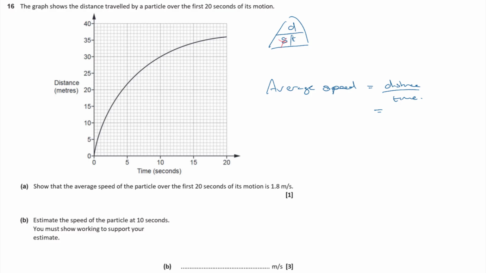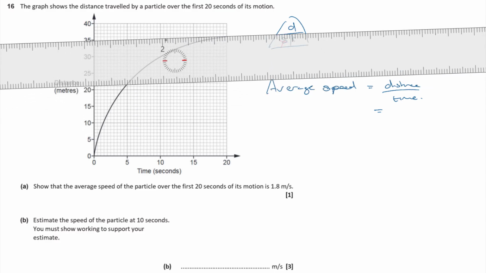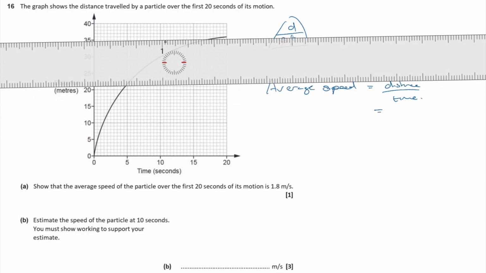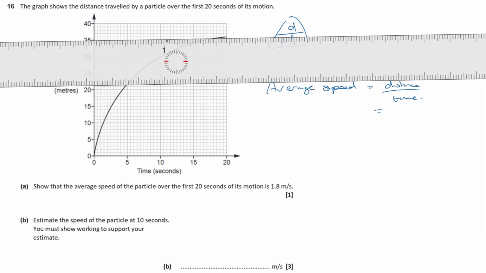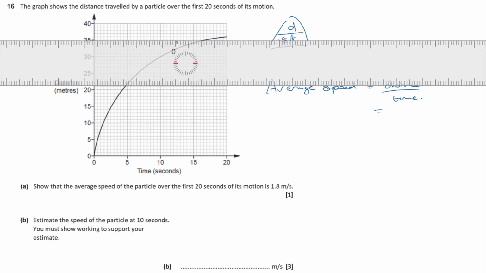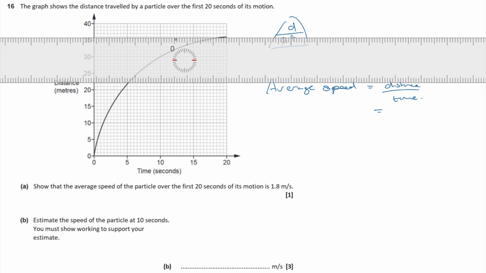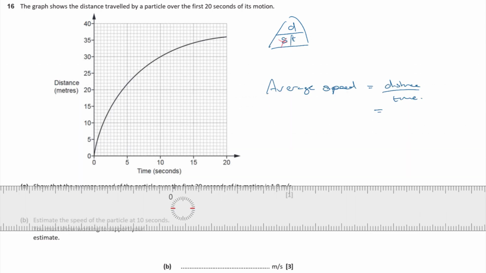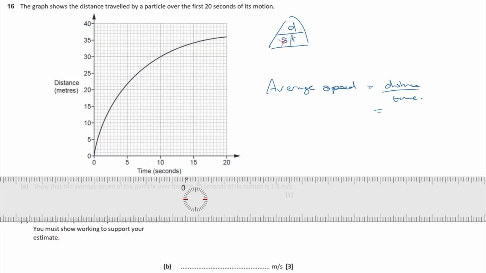Now obviously it starts off going quite fast and then slows down, but on average it has travelled a distance of, what's that at the top there? Is that exactly 35? No, it's the square above 35. It's 36, isn't it? So it's travelled 36 meters in 20 seconds.